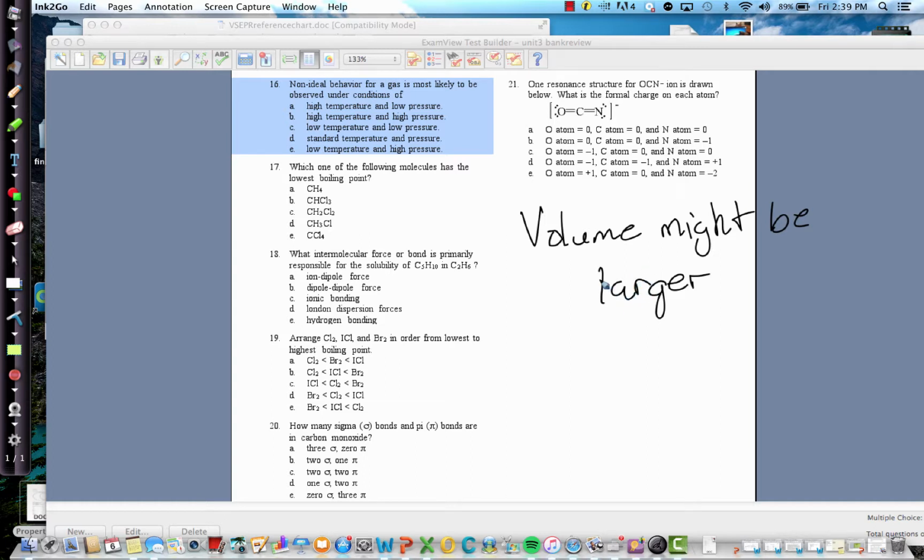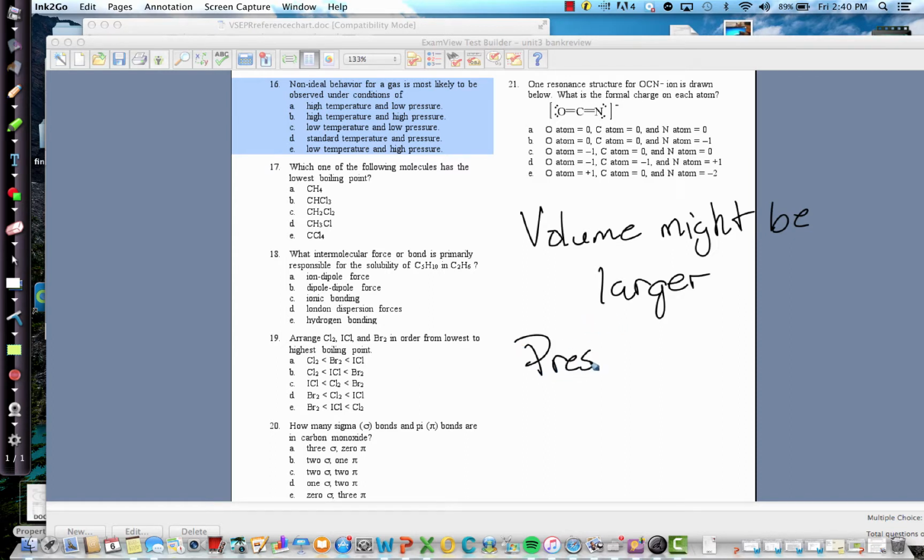And that might be because the particles are bigger. So normally when we're looking at the volume of the gas, we say it's negligible because we're comparing it to the size of the container. And those particles do take a very, very small amount of space compared to that container. But if you have a larger gas, that will not always be true. So your volume might be a little bit larger.